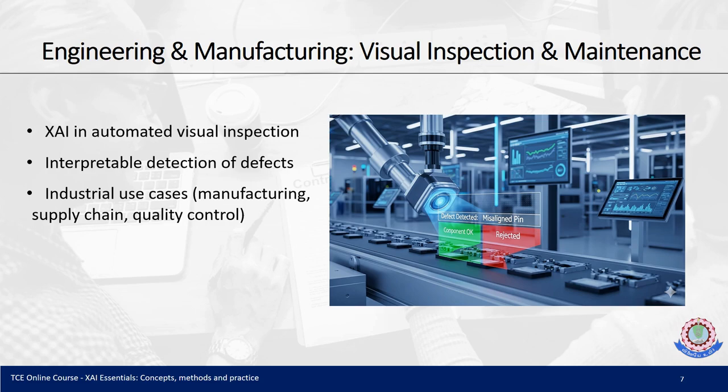For example, here you can see that this component is marked as rejected and this one is okay, and here the defect is detected. There is an explanation given by the system that shows the defect is detected just because the pins are misaligned in this one, therefore I am rejecting this one.